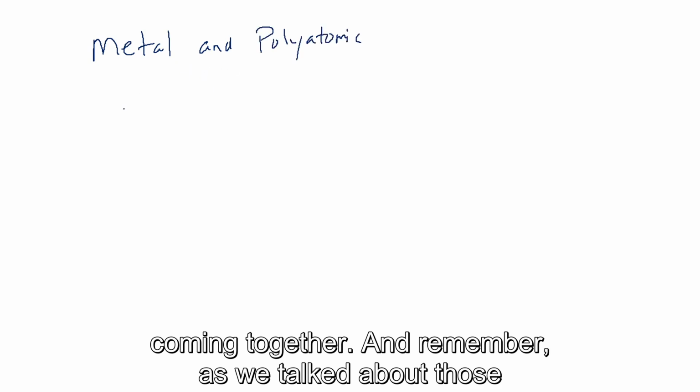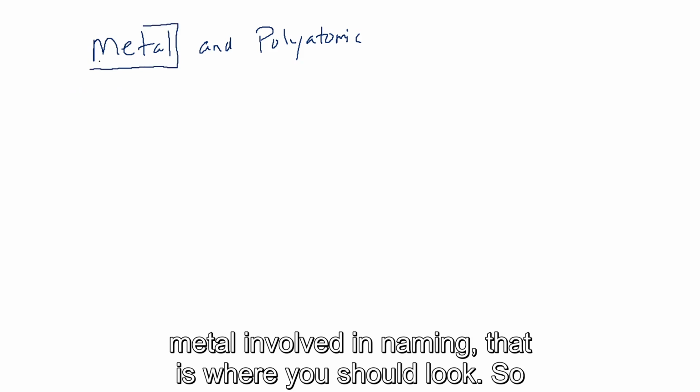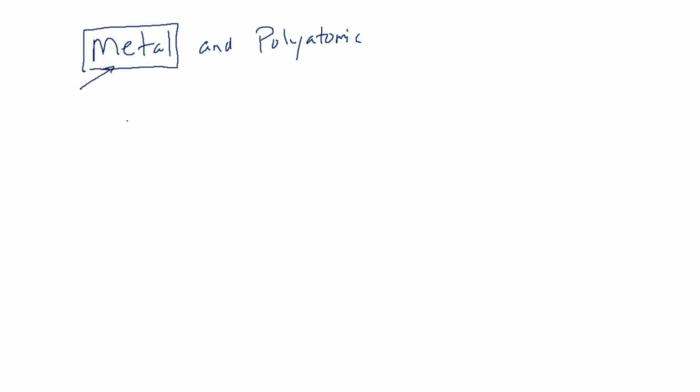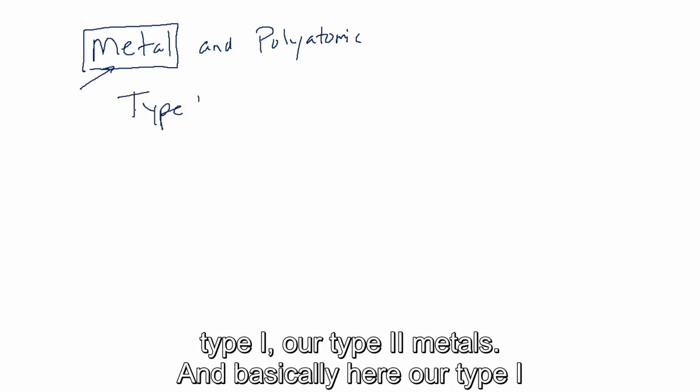And remember, as we talked about in those previous videos, again, take a look at them if you haven't. The metal involved in naming, that is where you should look. So we're going to fall back to our type 1 and type 2 metals.